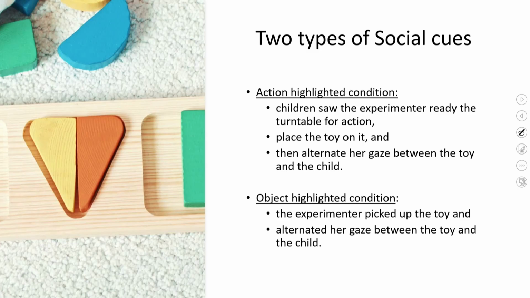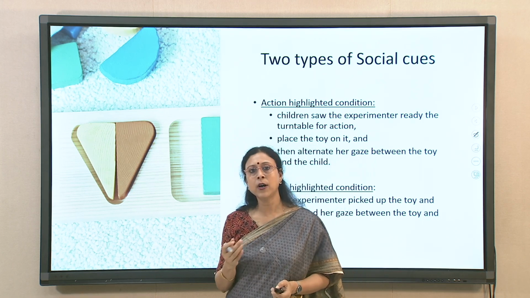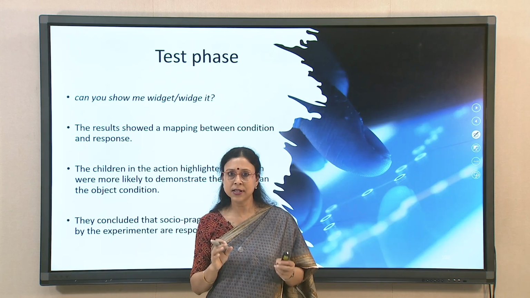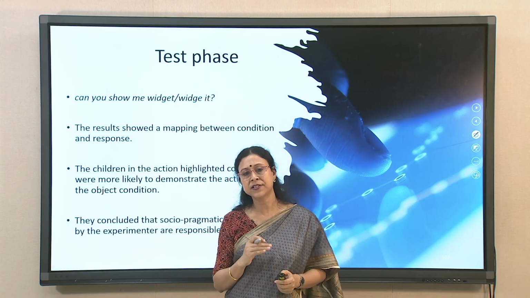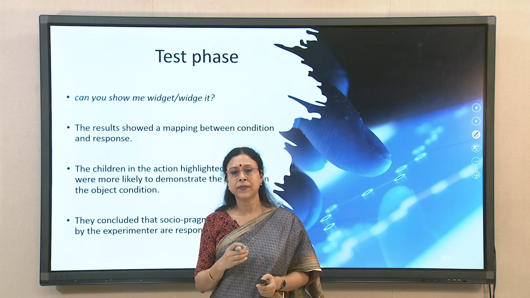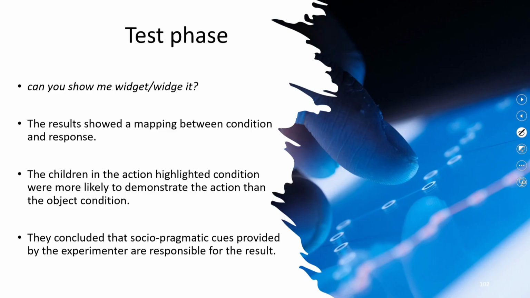So, there are two different cues and two different kinds of output that the child saw and heard. This was the planning stage, the first stage. In the test phase, they were asked a question: can you show me widget or widget it? The result showed a mapping between the condition and the response. What do we mean by that? Children in the action highlighted condition were more likely to demonstrate the action.